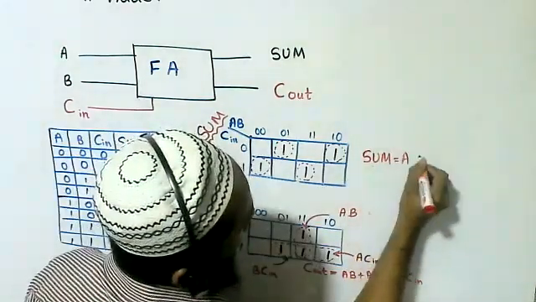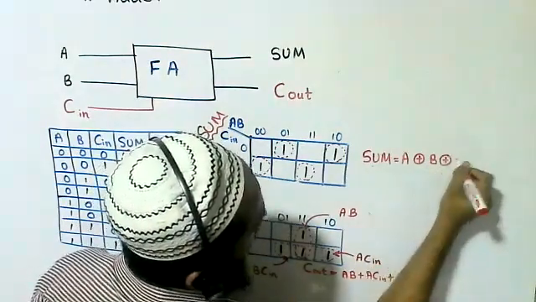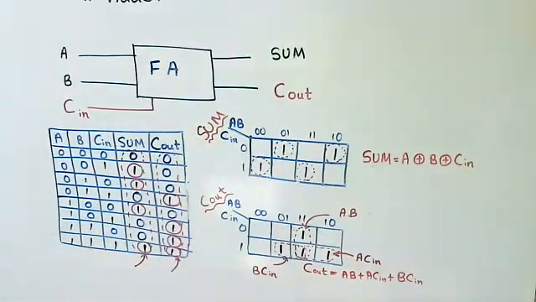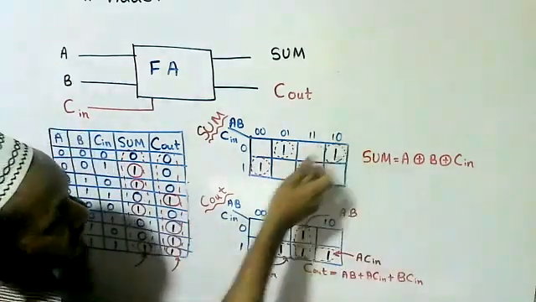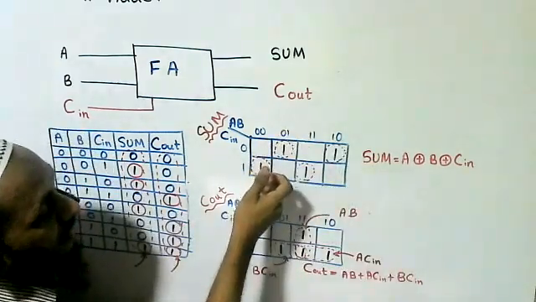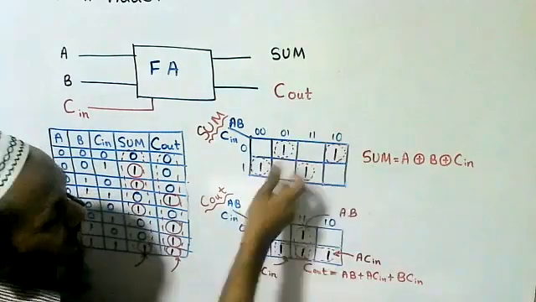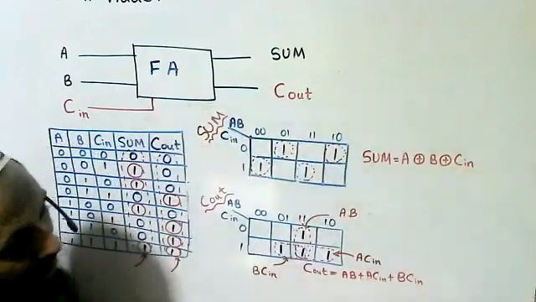So A XOR B XOR C in. That is a special situation, students. If all the ones come in a diagonal way, there's no way to group those ones. So it is related to the XOR gate.